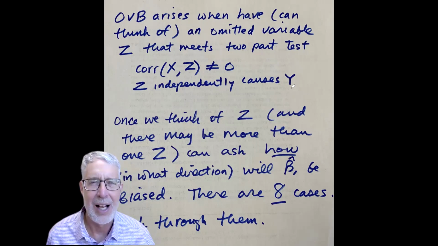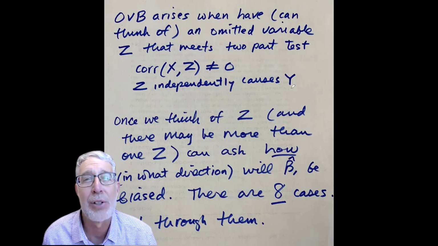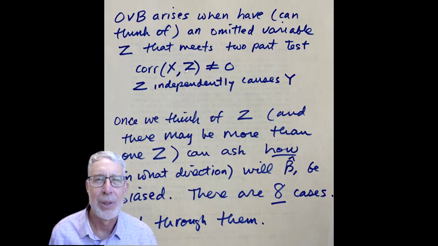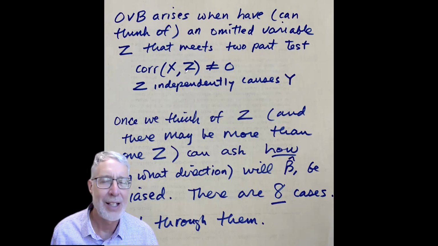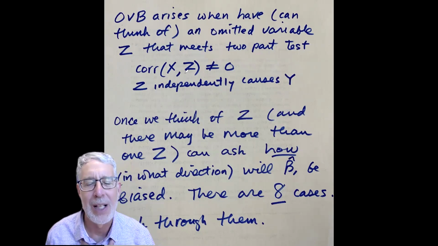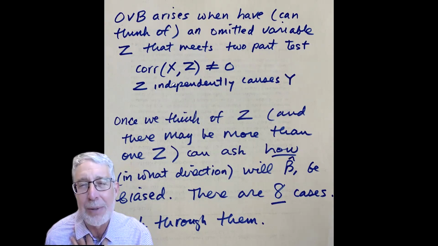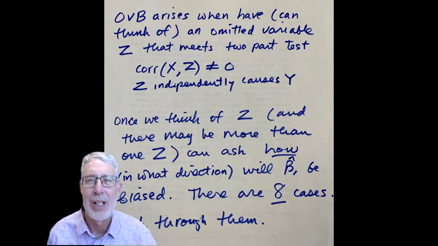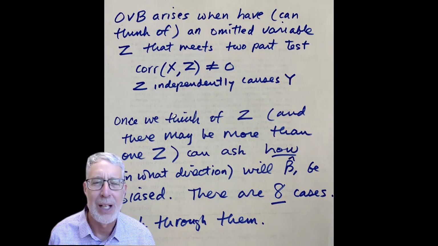If it doesn't satisfy one of these two conditions, then there's no omitted variable bias. So if the Z variable is uncorrelated with X so that the correlation is equal to 0, then there's no omitted variable bias. If the Z variable does not independently cause Y, in this case earnings, then there's no omitted variable bias.